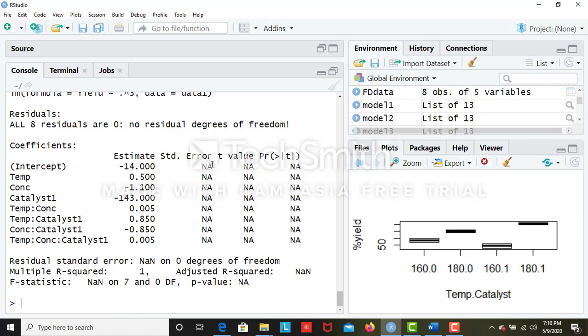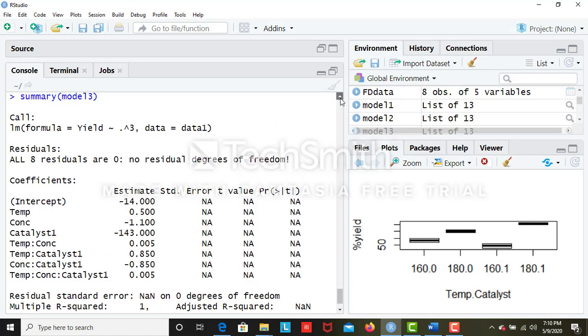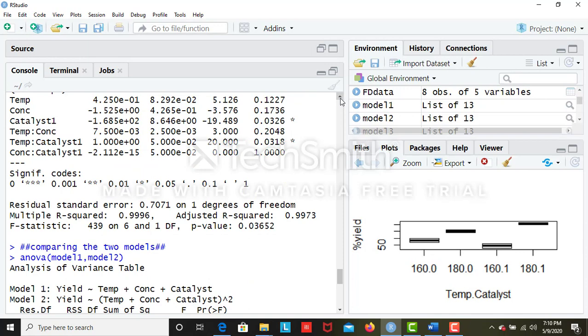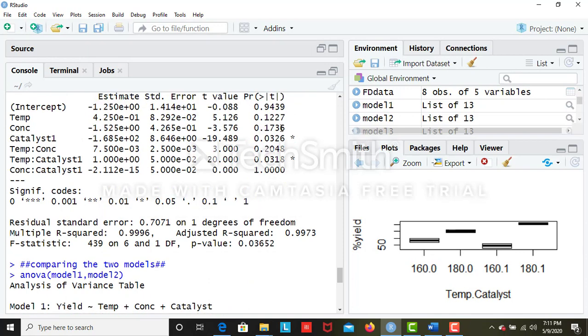So now the next model I'm going to build, I actually found out that two of the two-factor interactions were not significant. And I also found out that one factor was significant. When you look here, where we had the result of the two-factor interaction, we had this factor here, catalyst, and this interaction, temperature and catalyst, were significant.